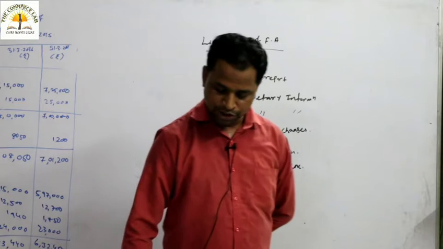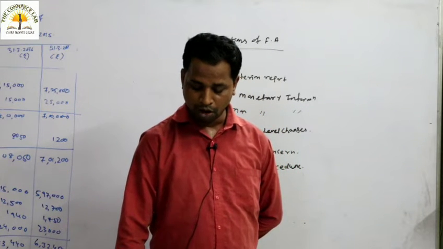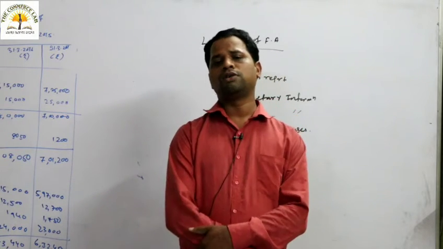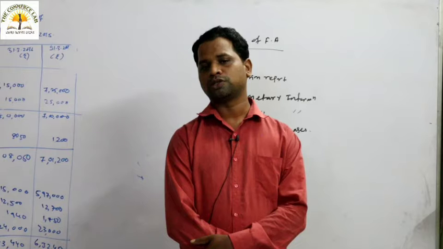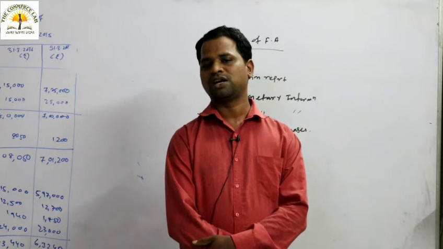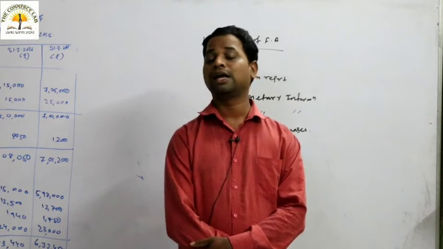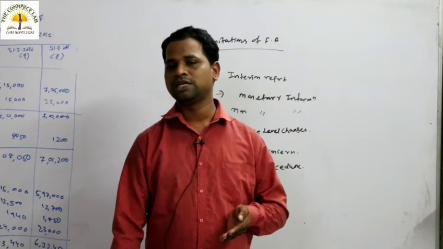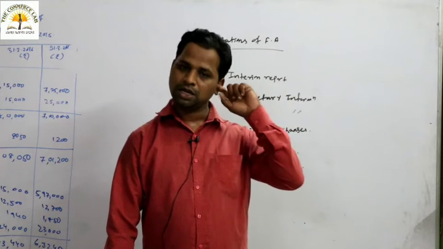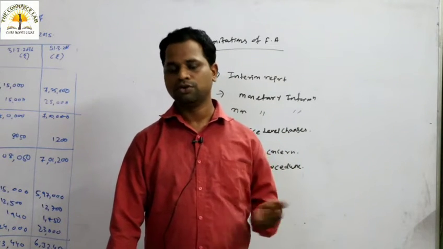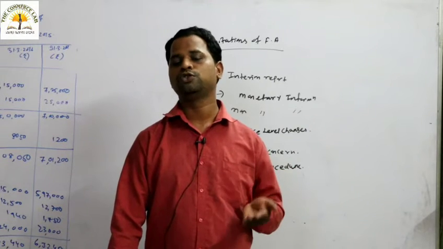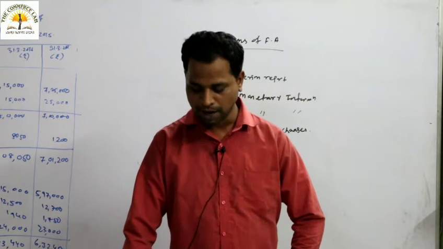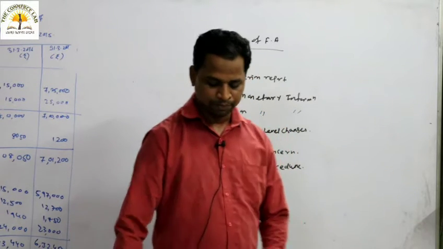What is another limitation? Changes in accounting procedure by a firm may often make financial analysis misleading. Suppose a company changes its accounting method: initially it charged depreciation using the straight line method, and thereafter adopts the declining balance method. That leads to misinterpretation. Similarly, if initially you valued inventory using LIFO and then jump to FIFO, it will mislead the analysis.